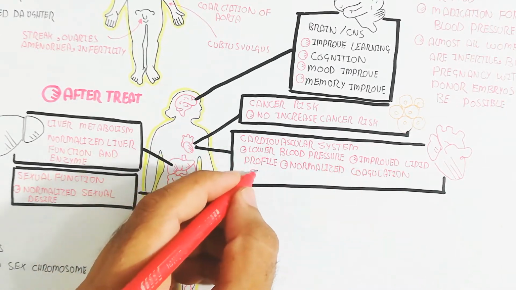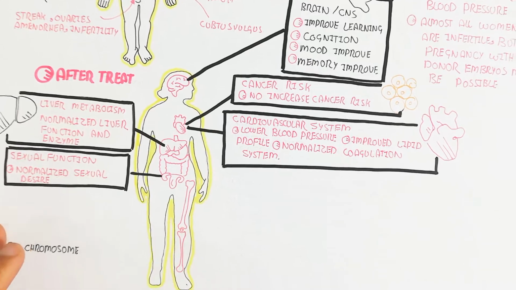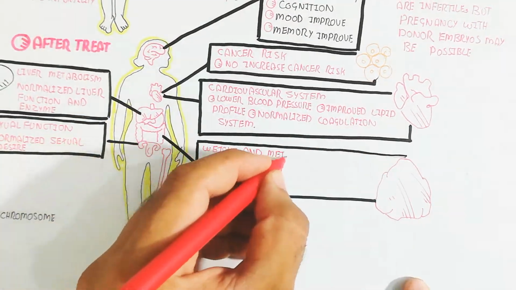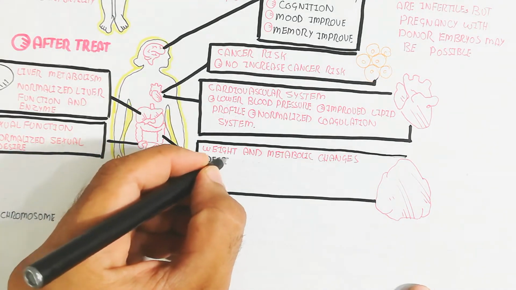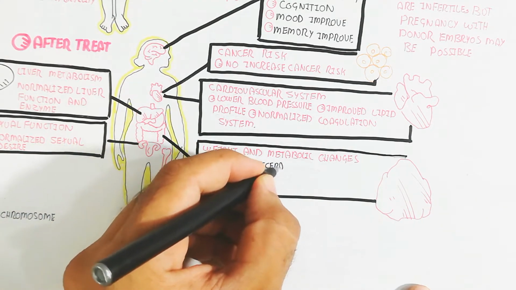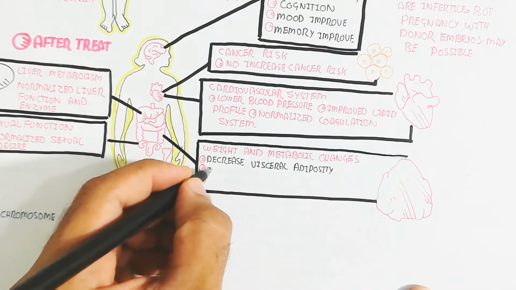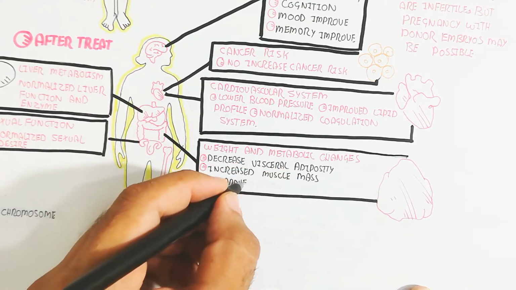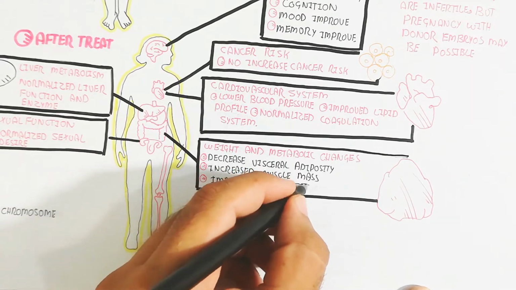On the other hand, weight and metabolic changes decrease the visceral adiposity. It means a decrease of visceral adiposity, because Turner syndrome involves visceral adipose tissue, which can cause colorectal cancer, heart attack, and arteriosclerosis.